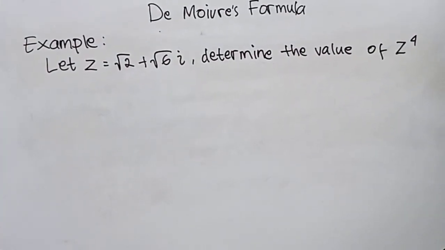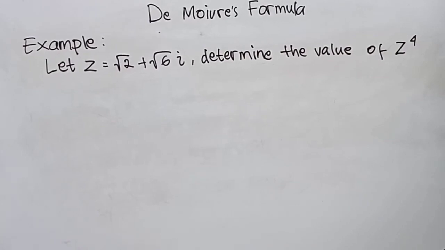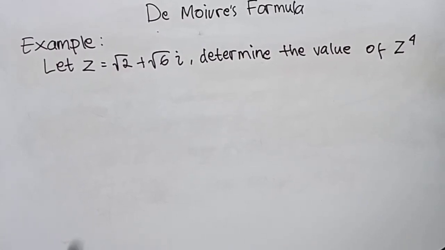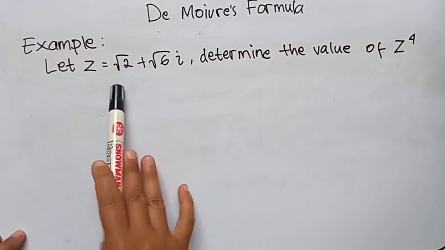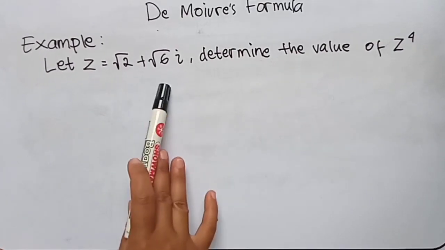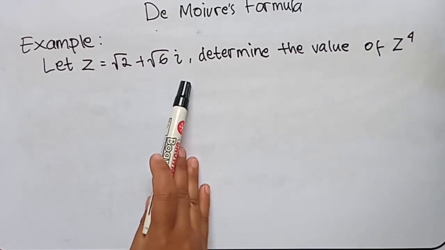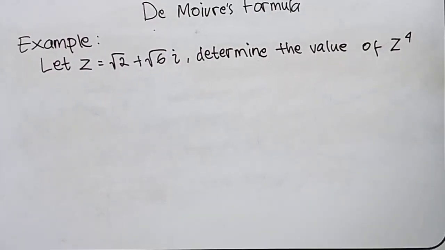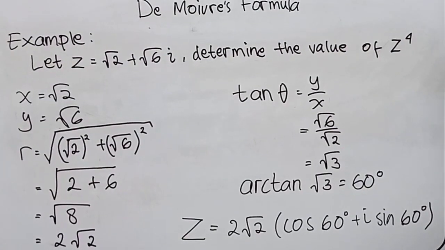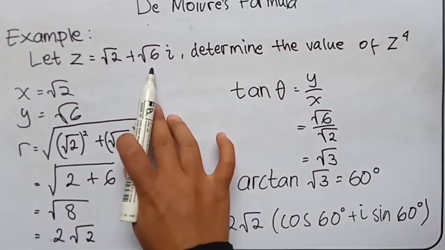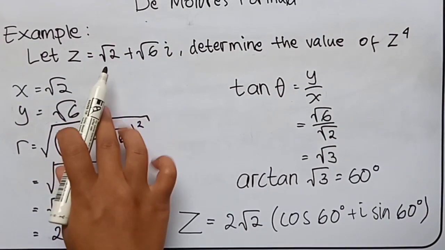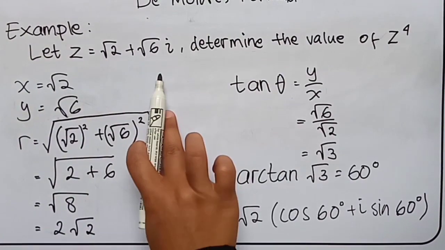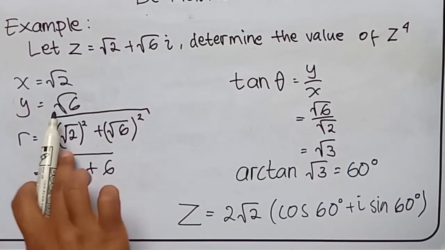Here we have an example for De Moivre's formula. Let z equal square root of 2 plus square root of 6 i, and then determine the value of z to the power 4. Here we have x equal to square root of 2 and y equal to square root of 6.